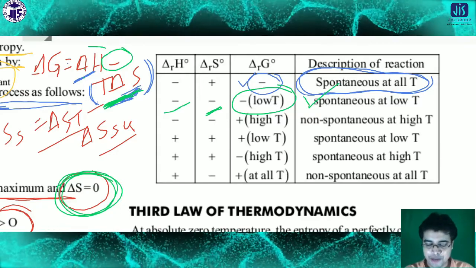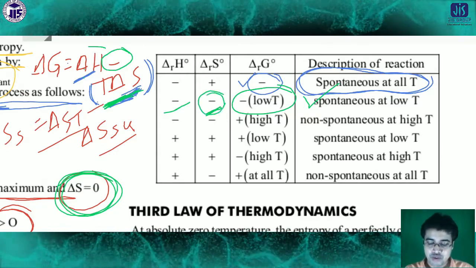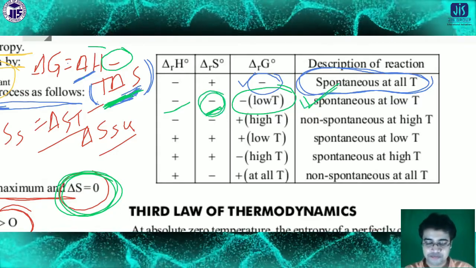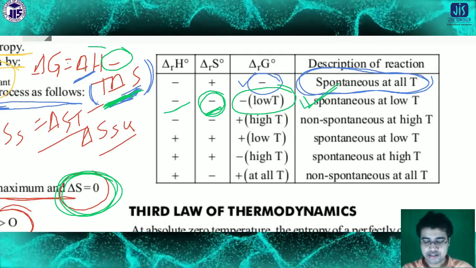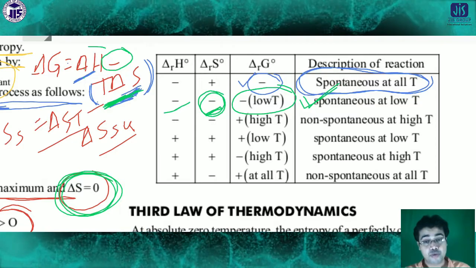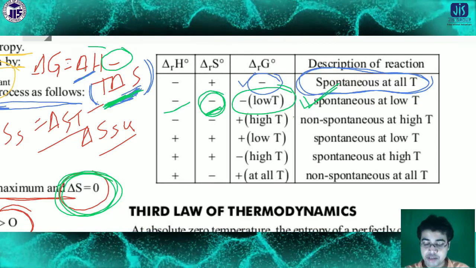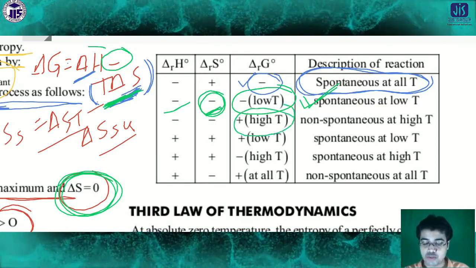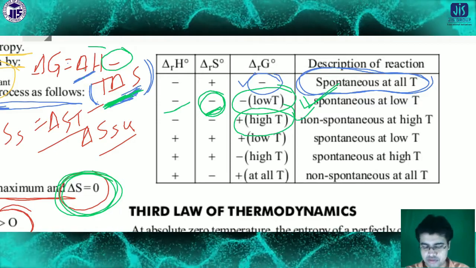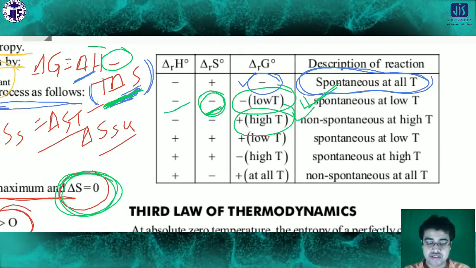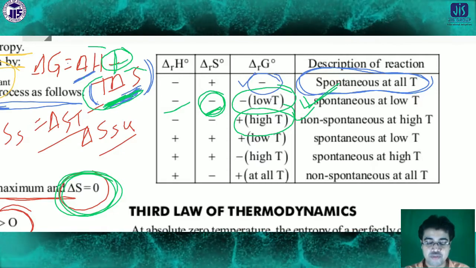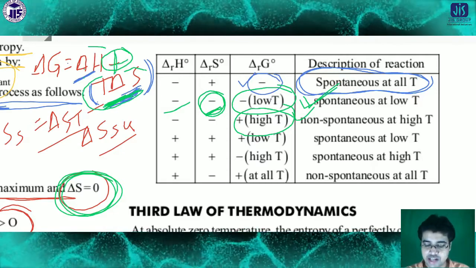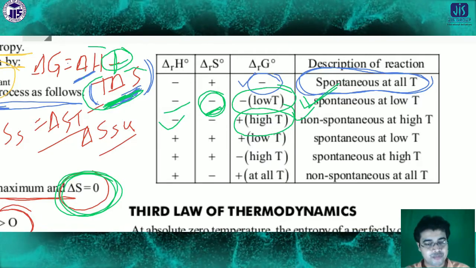But here, look, even if delta S is negative, at low temperature the process may be spontaneous. Okay, the third case, look here: if they both are negative, then at high temperature there is a high chance of non-spontaneity, because at high temperature this negative value becomes very high, and then it will become positive. When it is positive at high temperature, it will be non-spontaneous.